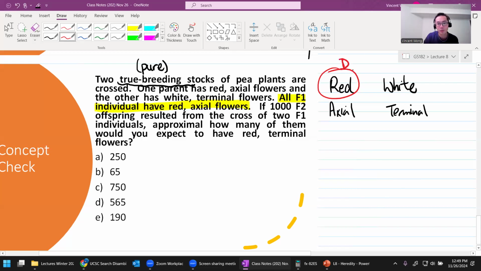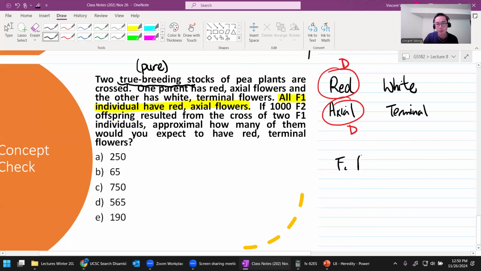This is the dominant one. And all of the F1 have axial flowers, which means that's also dominant.